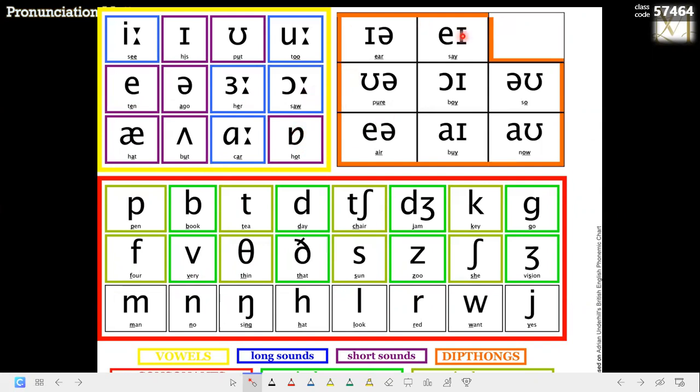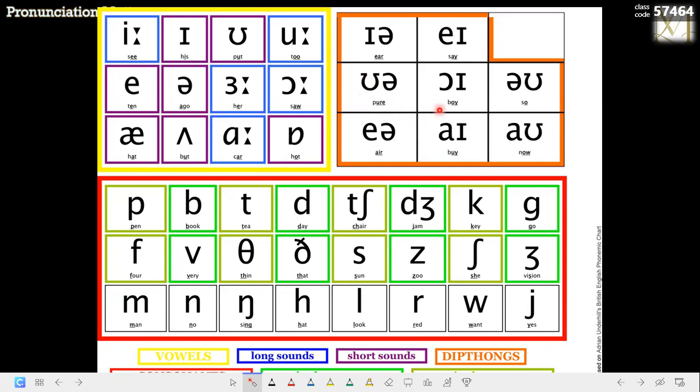And the vowels could be divided into pure vowels and diphthong. The number of vowels in English is 20, okay? The number of pure vowels is 12, and we have 8 diphthongs in English.